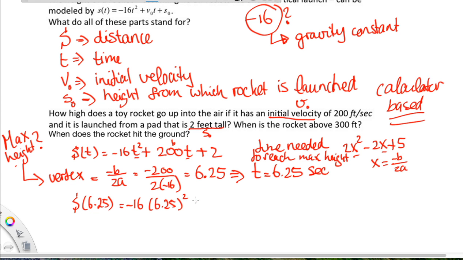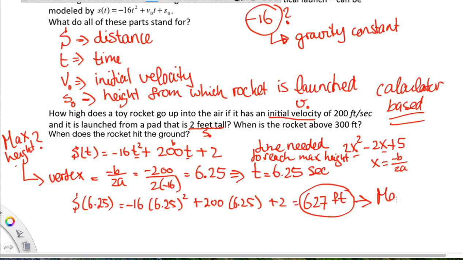You get a calculator, you plug in 6.25, you square it on the first, not on the second. You add all this together, and I think you should get 627 feet. So this is the maximum height. So that answers question 1 there.